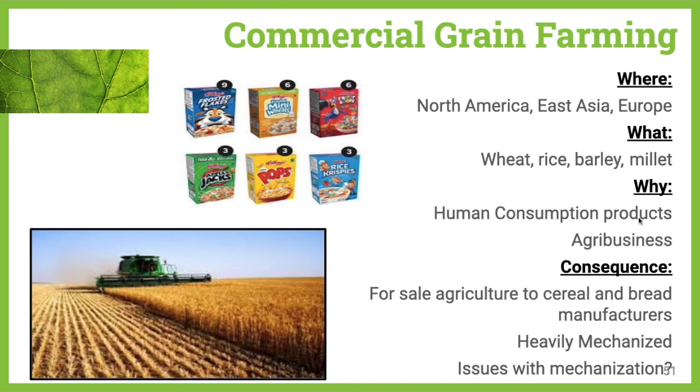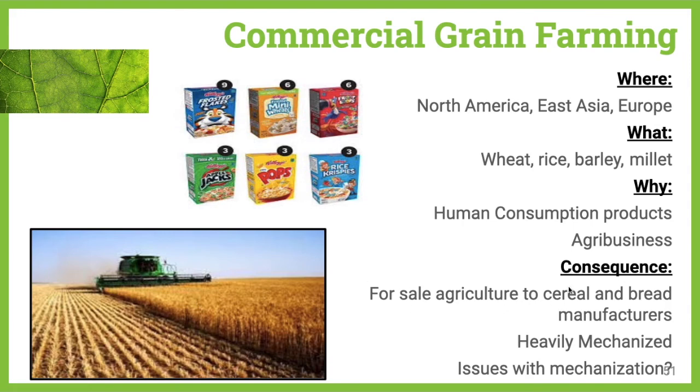This is agribusiness. This is agricultural business in its biggest form. This is big money we're talking about. So these farms, these big wheat farms, for example, they make a lot of money because it's low cost to grow. And these companies are paying top dollar to get this stuff. So this is for sale agriculture, right?